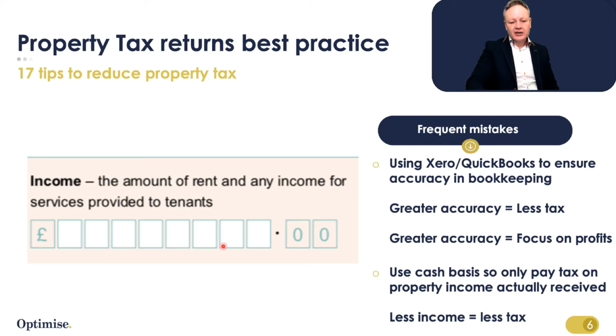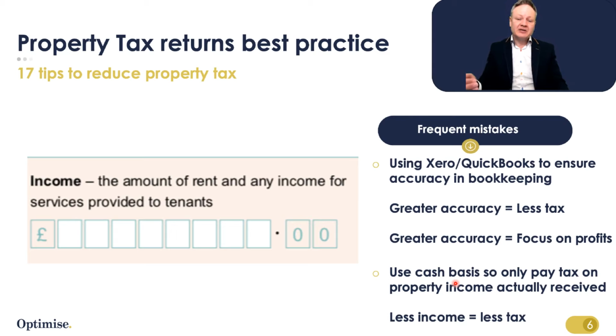So the thing about the income, you can use something called the cash basis. Now, the cash basis says you will only pay tax on the money you actually receive. Now, there are some systems out there that will base the financials on an accruals basis. So especially in QuickBooks or Xero, you put the AST on the system, and it will correctly, by the way, put your rental income for 12 months in the system, which, for all accounts, you may not have received that money.